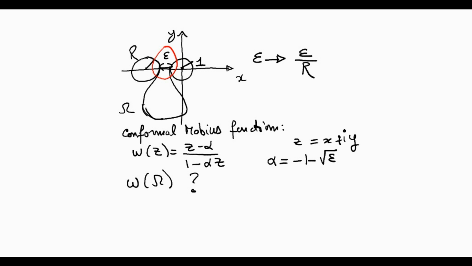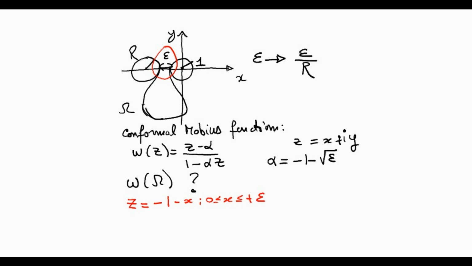So we just need a parameterization, and the parameterization is z equals -1 minus x, where x basically goes from 0 to plus epsilon.